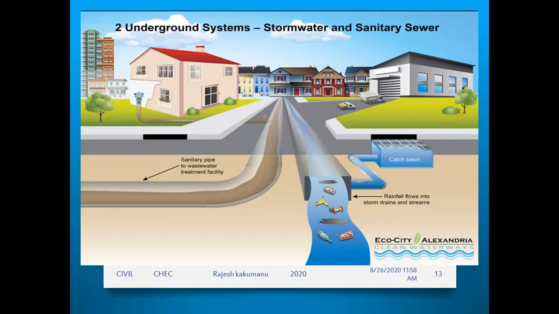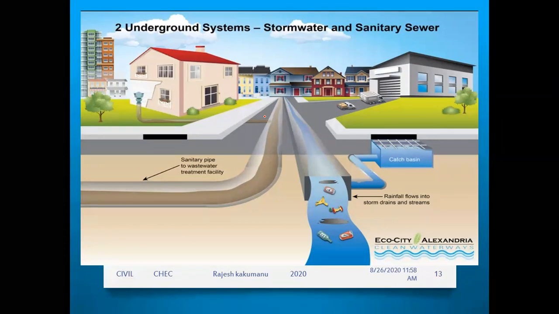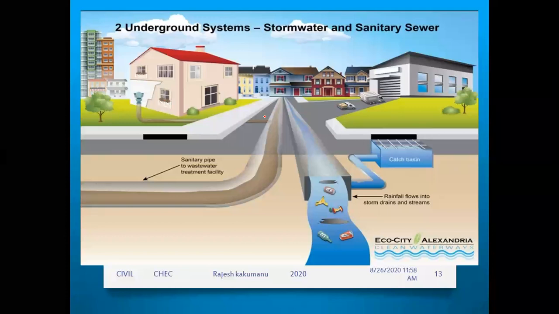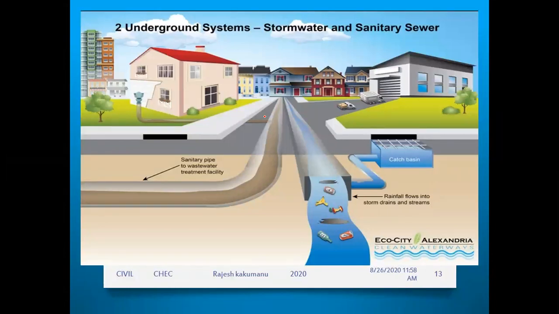And on the roads or on the top surface of the houses, rain falls on the roads and on the houses, on the apartments or houses. Then the water is collected in the storm streams, stormwater pipe, and it is taken to the outside. So like this also we can show the separate systems for stormwater and sanitary sewer.